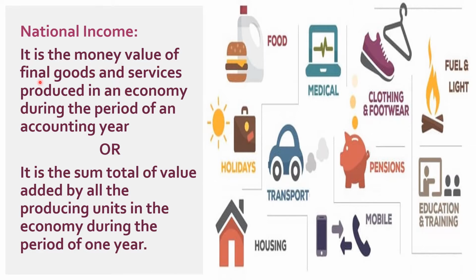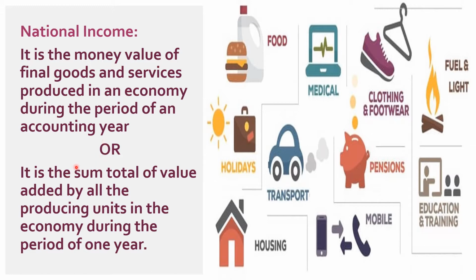Especially we are considering the value of final goods, which means we are not taking into account intermediate goods that are used in the process of production to produce the final good or final product. Secondly, the time frame of calculating national income is an accounting year, which of course begins on the 1st of April of any given year and ends on the 31st March of the next year.